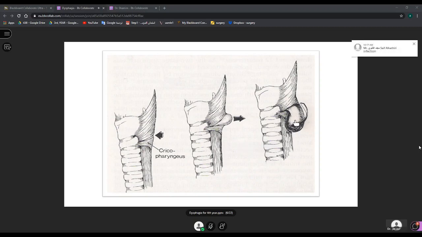You get fermentation, not infection. Fermentation is a process induced by bacteria, and it is usually associated with bad odor. This explains halitosis: food is stored in the pouch, you get fermentation, and secondary to this you get a bad odor coming from the patient's mouth.